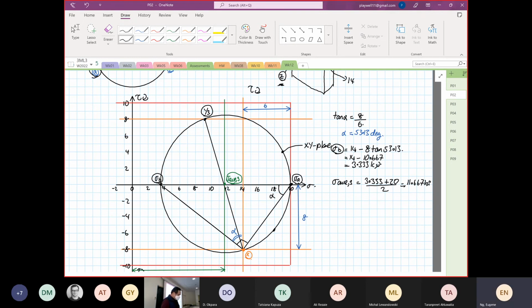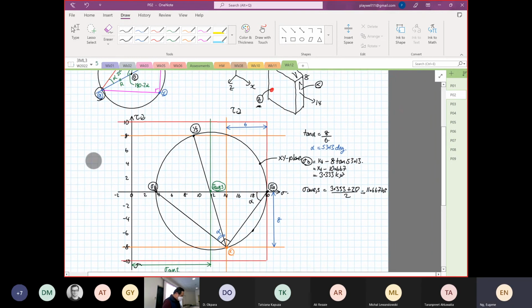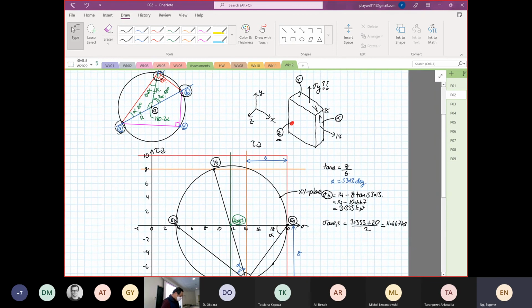Okay. So if we were to refer back to the rules of the circle, we know the stress average is the center of the circle, right? This angle is also equal to alpha. Why? Because they share the same radius. And this angle over here is equal to 180 minus 2 alpha.